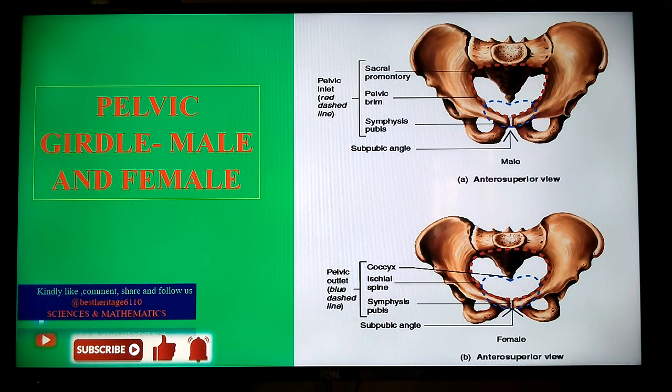This will assist us in appreciating the concept of adaptation for reproduction in the female pelvic girdle, which will be shown in different ways when we consider the whole aspect of the support and movement system in humans.